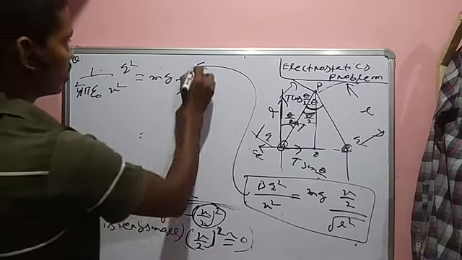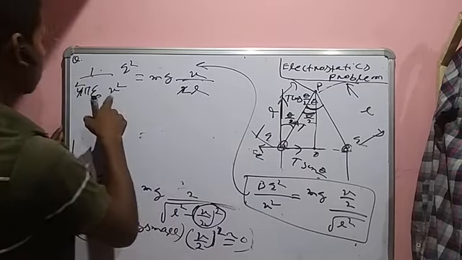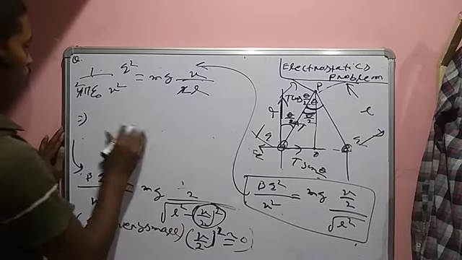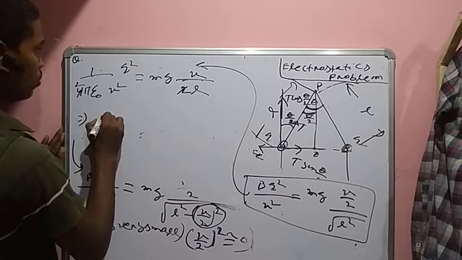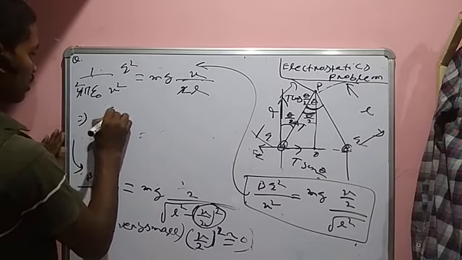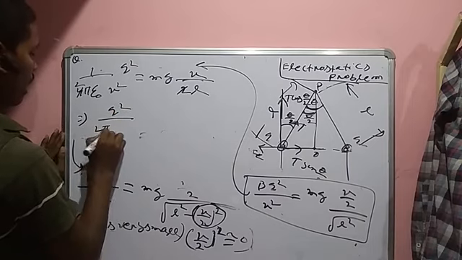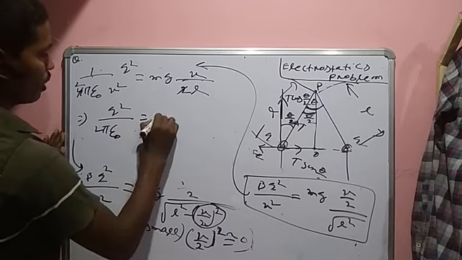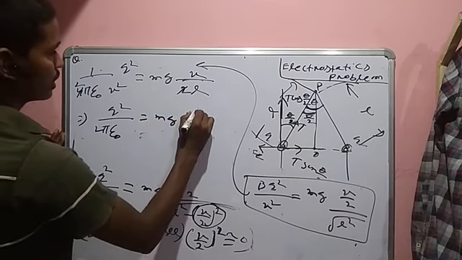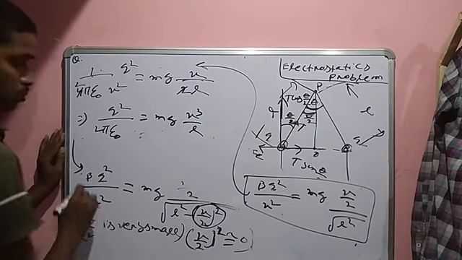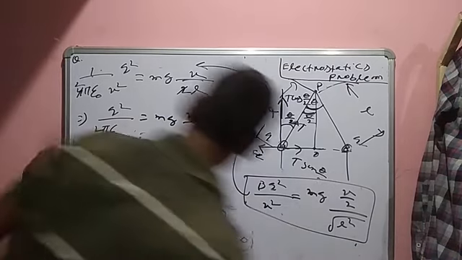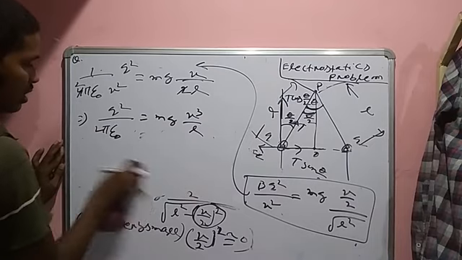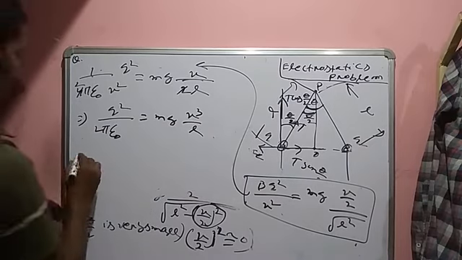So here this is the x, this is the x square. So we can solve x square into x is x cube. That means q square by 2 pi epsilon 0 is equal to mg x cube by L. So again, solve this expression.